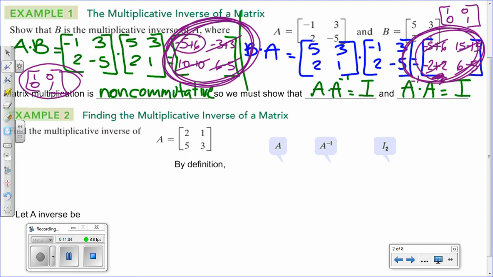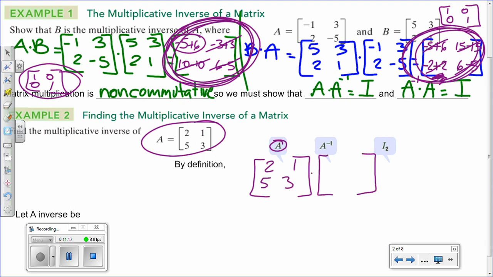Okay, now by definition, the way that we will find this is the following. If we have a matrix here, I'm going to take it from here, 2, 1, 5, 3. The inverse, let's say I don't know what it is, so I'm just going to use the letters W, X, Y, Z. And if I multiply a matrix times its inverse, what is it going to give me?